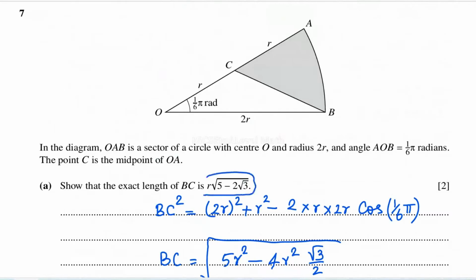We need to find out the arc length AB. So once we know all the three sides, we can add all the three to get the perimeter. First, let us calculate the arc length AB.